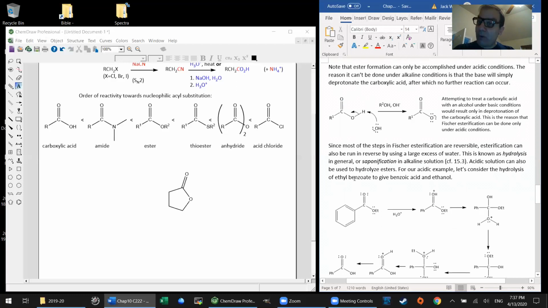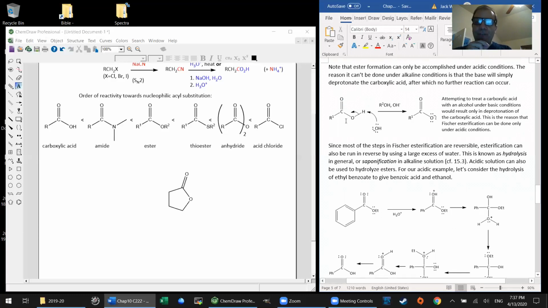One thing that's very important to understand that I wish they'd emphasized more is you need to use acidic conditions to form an ester. It can't be done under alkaline conditions. And I think that if you consider it for a moment, you'll see why.